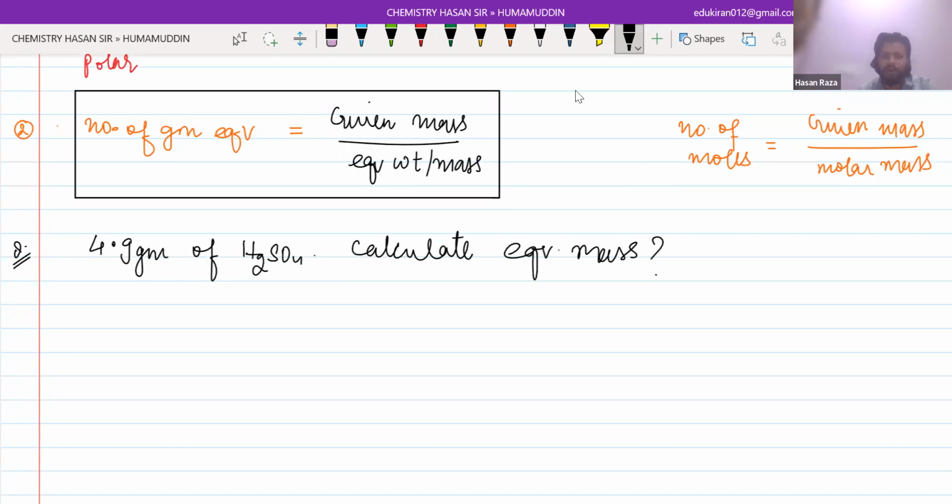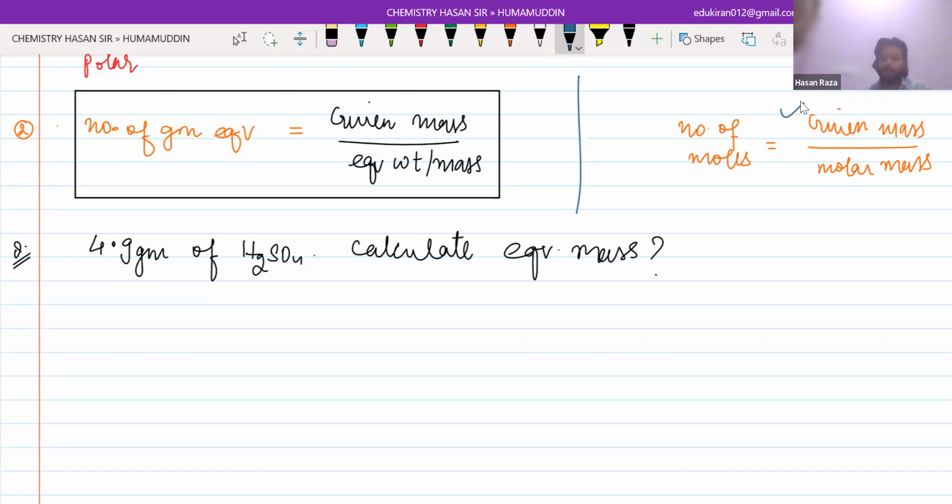See, what is the difference between this mole concept and equivalent concept? Actually, in physical chemistry we generally deal with the mole concept. That's why it looks easy, and we are aware of this mole concept. Mole is equal to given mass upon molar mass. You can easily apply it in one step.